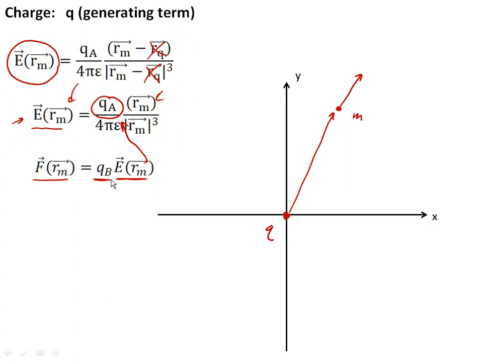They only push on other charges. If something comes along here that doesn't have a charge, Q_B is equal to 0, the force is also equal to 0. So charges are things that only push on other charges.